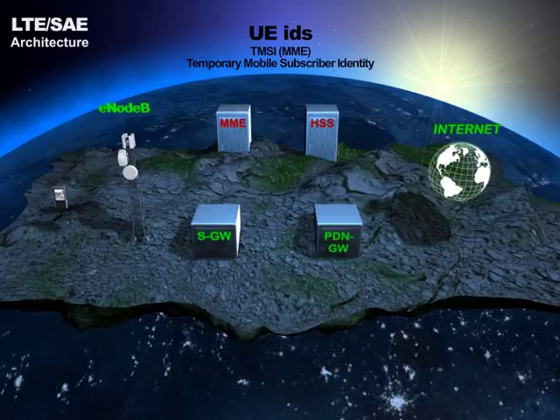The UE needs to be identified on the radio. That ID is called the Radio Network Temporary ID, RNTI. Since the access consists of only one node, it has to be the eNode B that is handing it out.